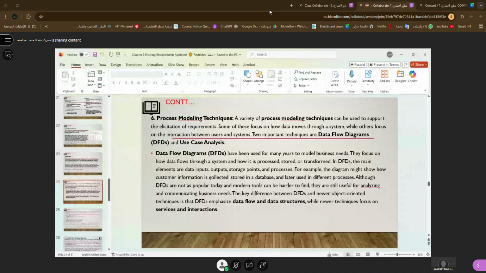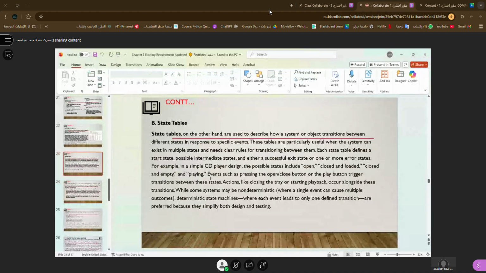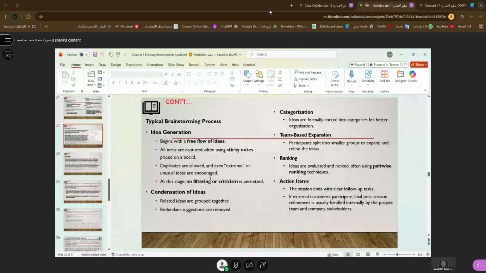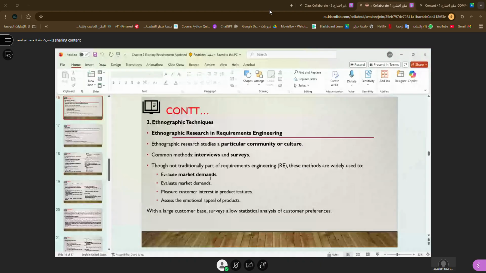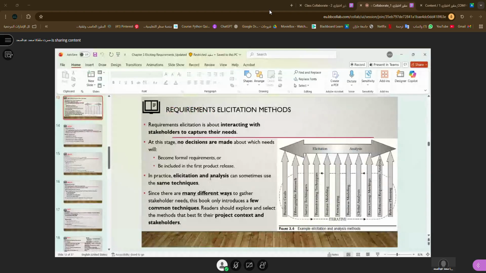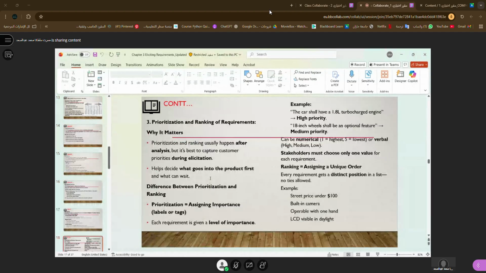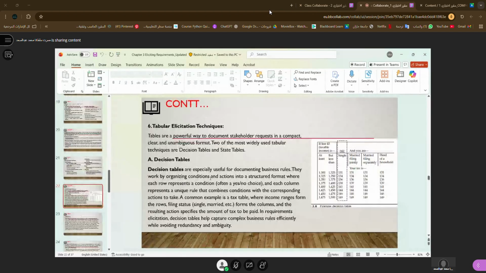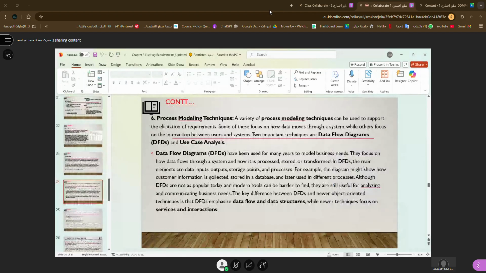Next, explain process modeling techniques. So the answer can be this. This slide you have to write about this.